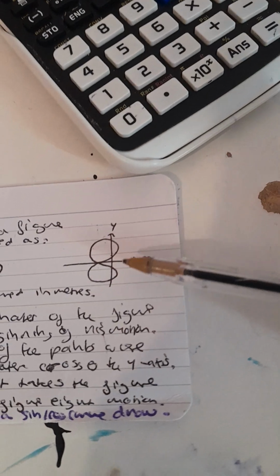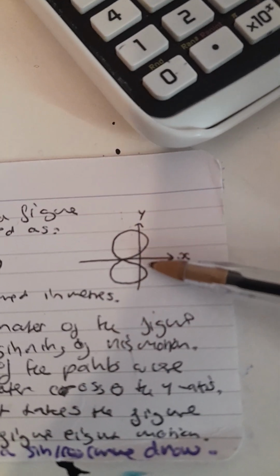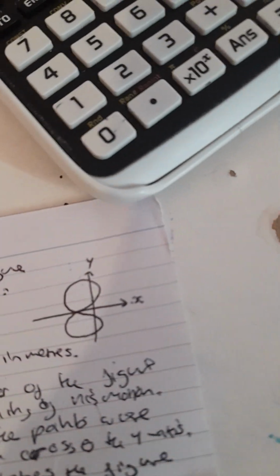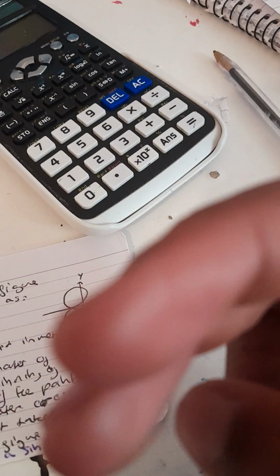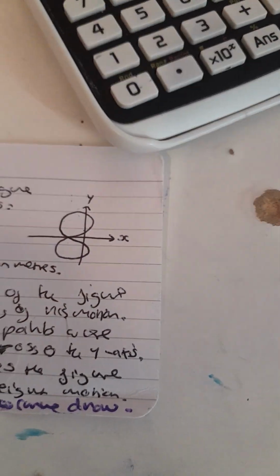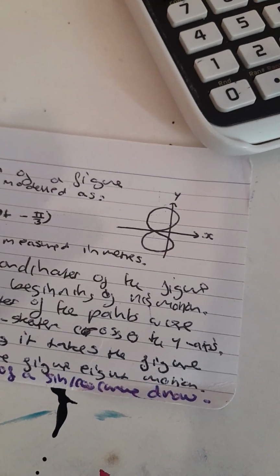Okay, yeah. So you see that y repeats twice, x repeats 4 times. The whole loop-de-loop happens with 1x.